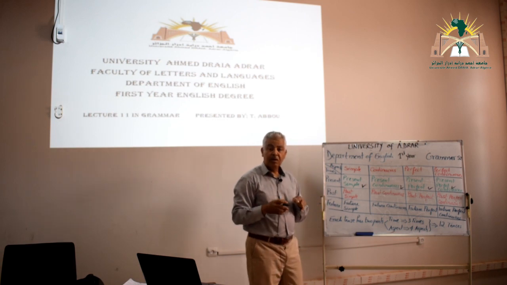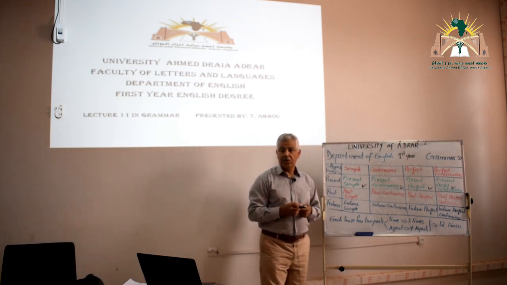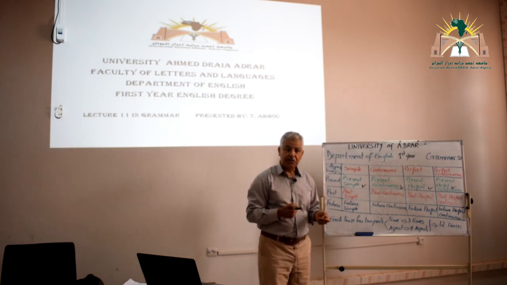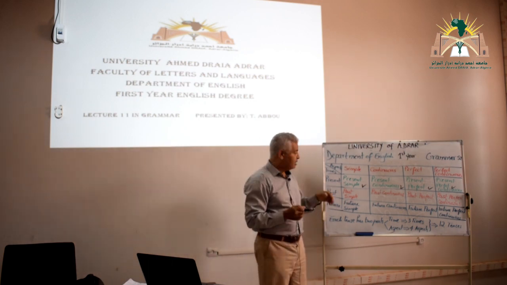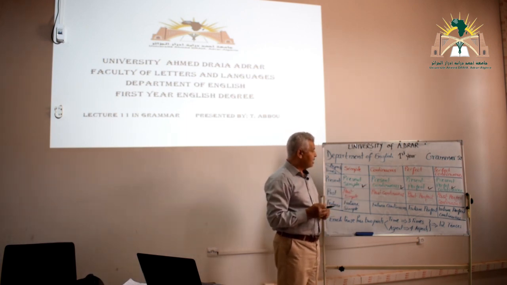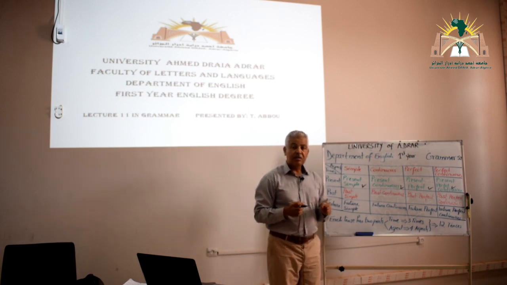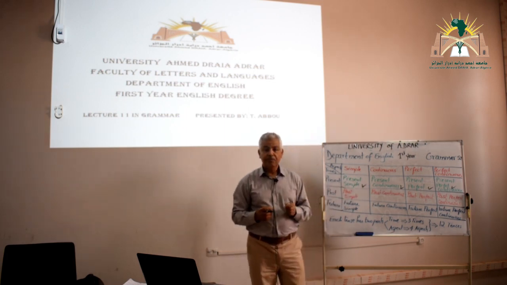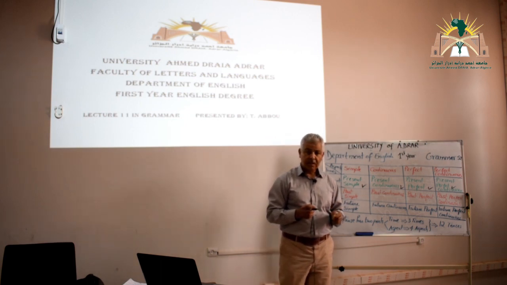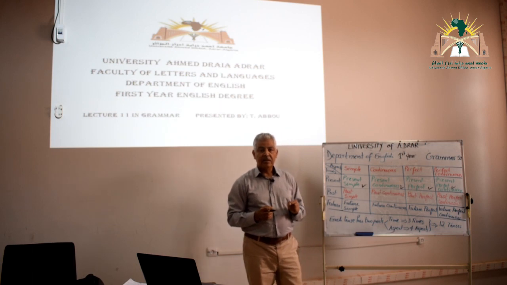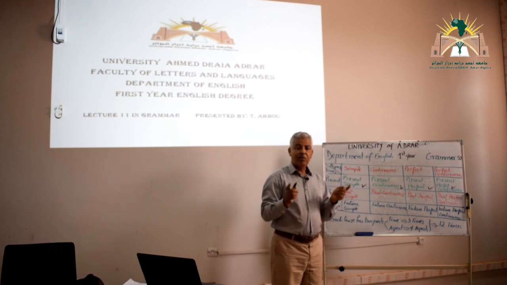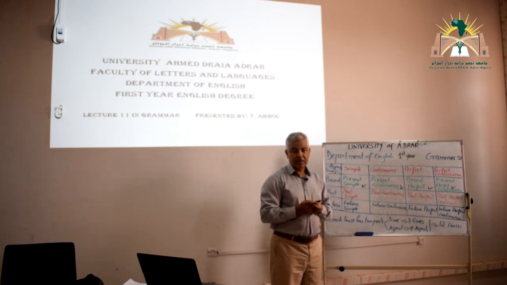The present simple: we talked about the different cases where the present simple is used. We talked about habits, repeated actions, permanent actions, and so on and so forth. Then we talked about the present continuous. The present continuous is used in 2 cases: when we talk about an action happening at the moment of speaking, and when we talk about an action happening around now, but not necessarily at the moment of speaking.